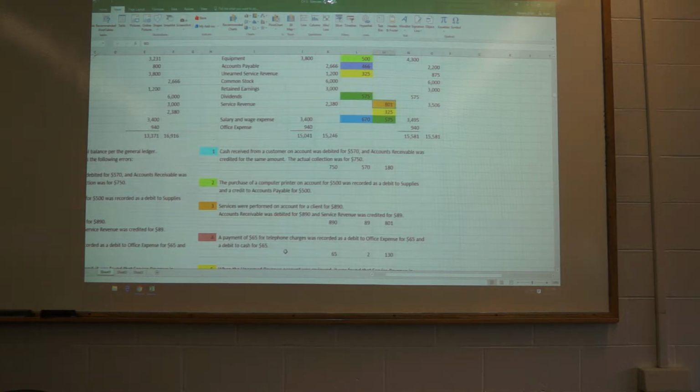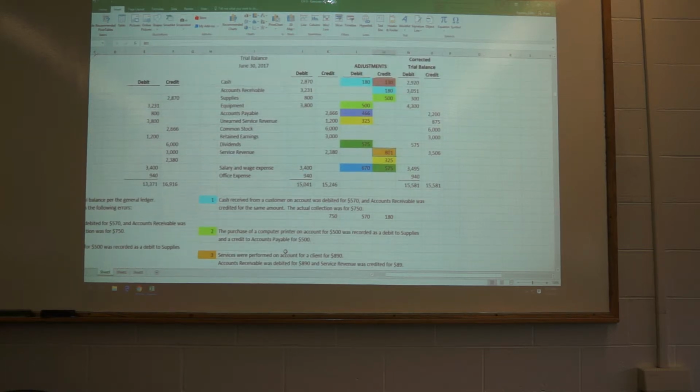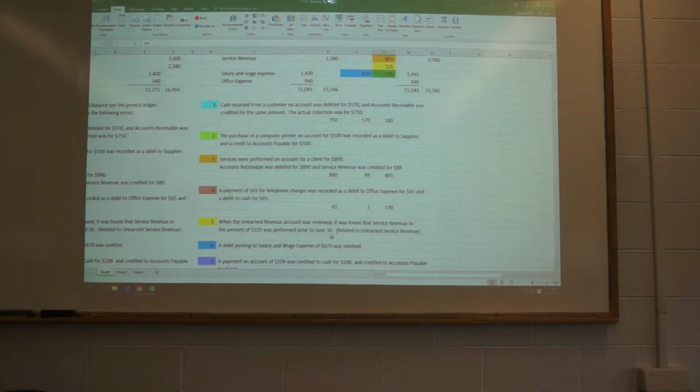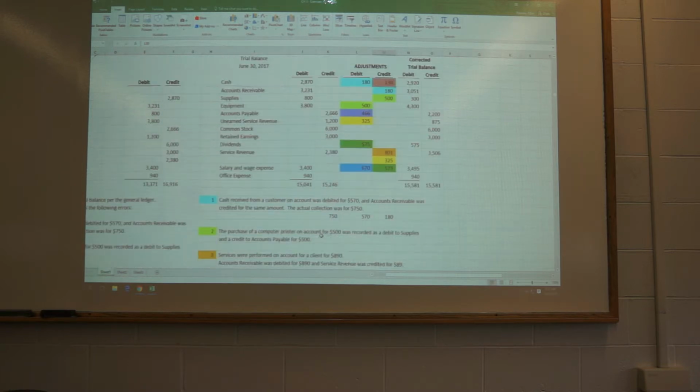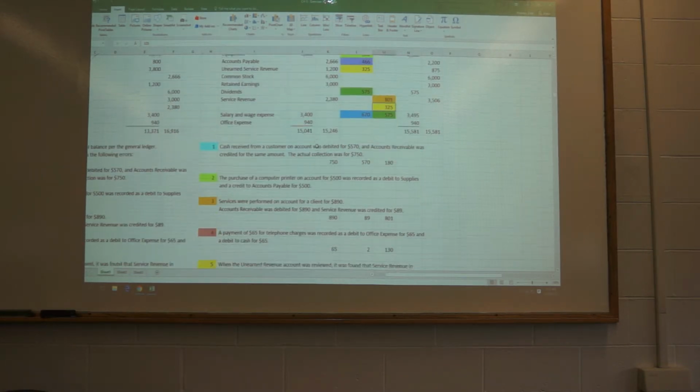So the office expense part is okay, but the cash, you have to take out the 65 because it was improperly debited, and then you have to take out another 65 because it should have been credited to begin with. Okay, when unearned revenue, it was found that service revenue was performed. So we debit our unearned and just recognize that we did earn that revenue.